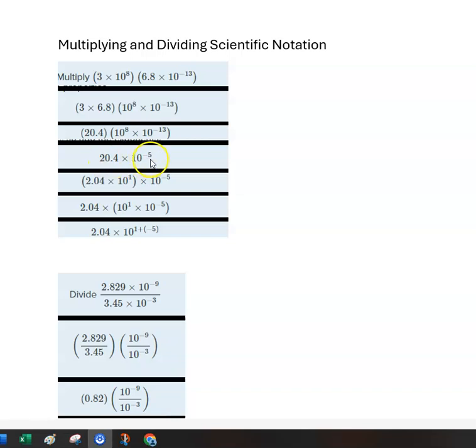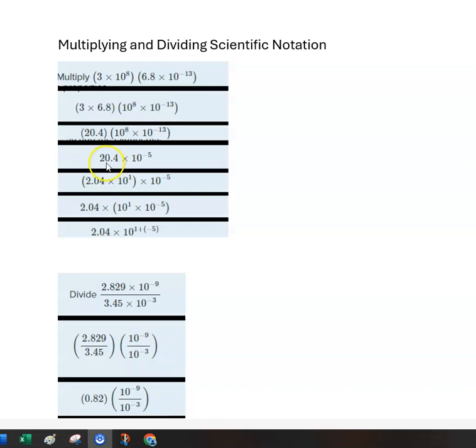So notice I've got my answer, but it's still just not in scientific notation. I need to have 2.04, but that's going to affect this negative 5. So what I've done is I've moved this guy to the left one spot, and notice I said it out loud.